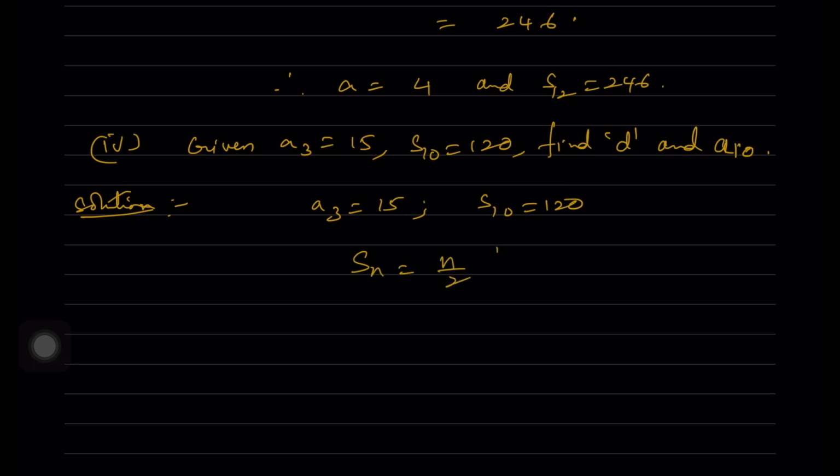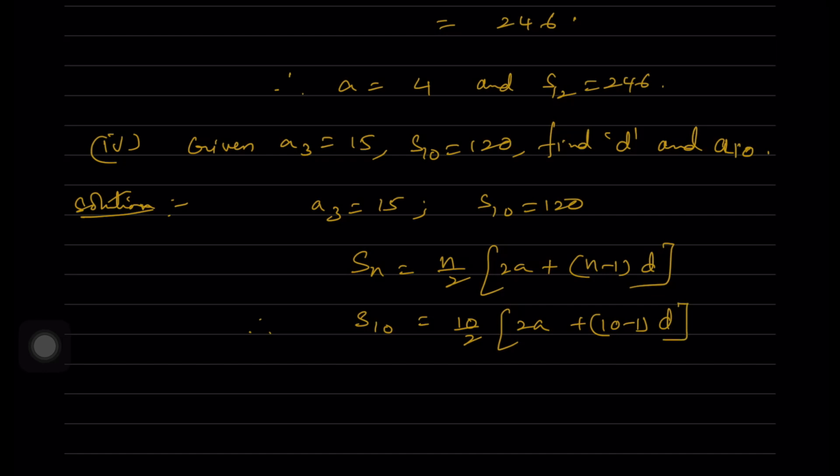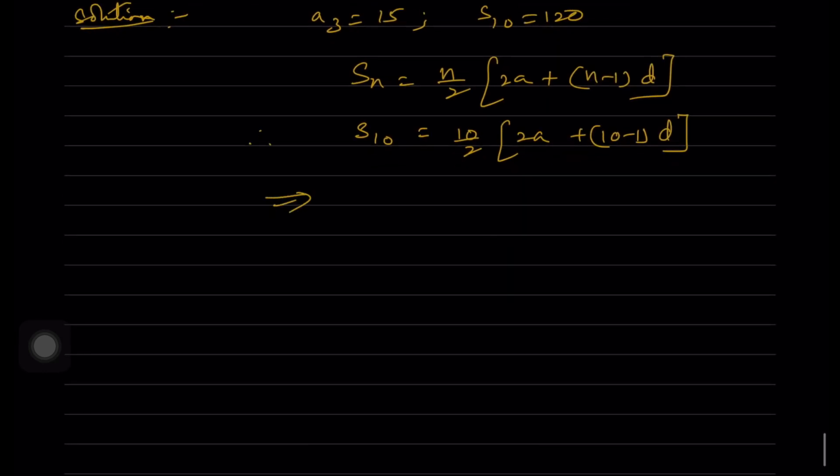Sn is equal to n by 2 into 2a plus n minus 1 into d. Therefore S10 is equal to 10 by 2 into 2a plus 10 minus 1 into d. So here you have 120 is equal to 5 into 2a plus 9d.